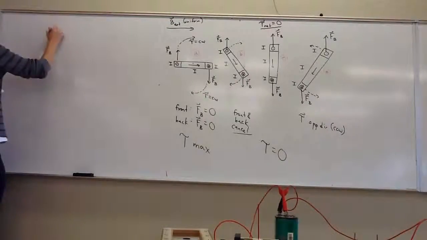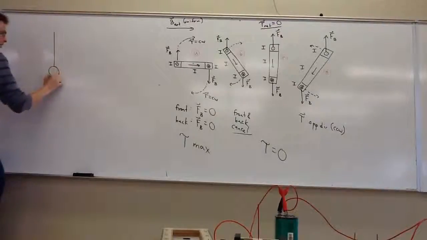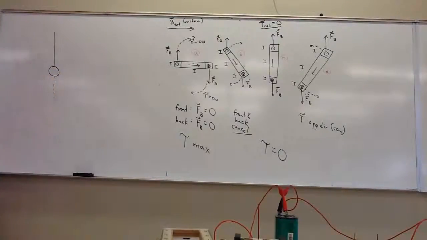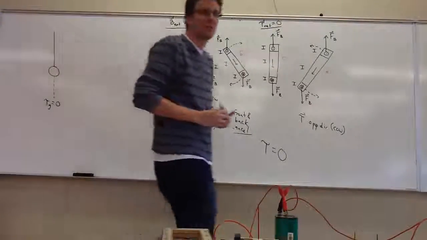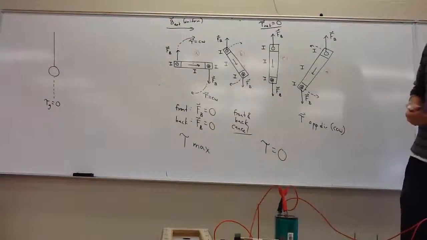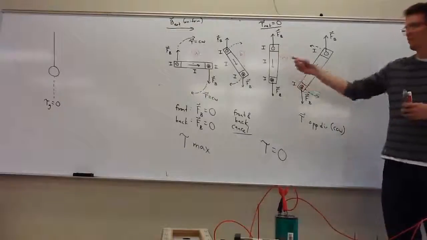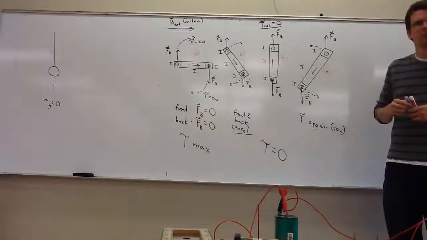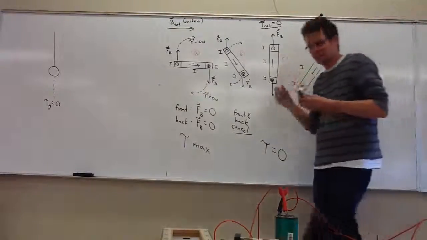So here's my pendulum. Of course, here's the happy place, hanging straight down. It experiences no gravitational torque whatsoever because the force of gravity is, of course, entirely radial, right? It's pulling straight down from the hinge, right? So which orientation is that like? A, B, C, or D? C, right?